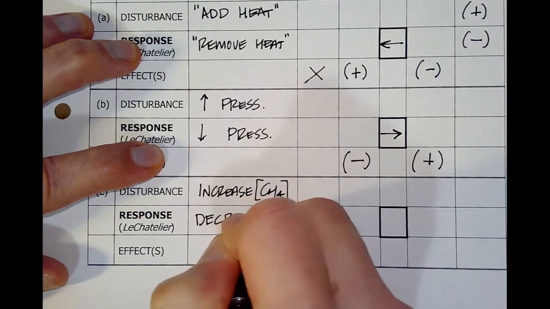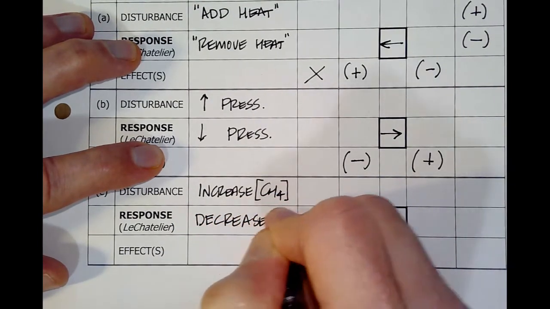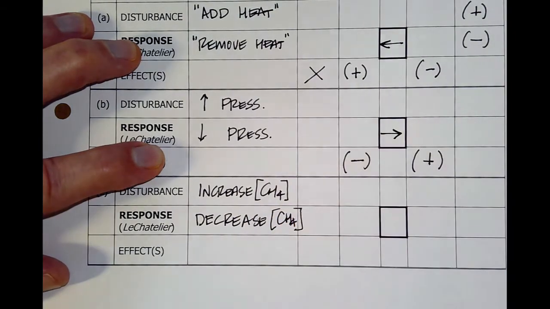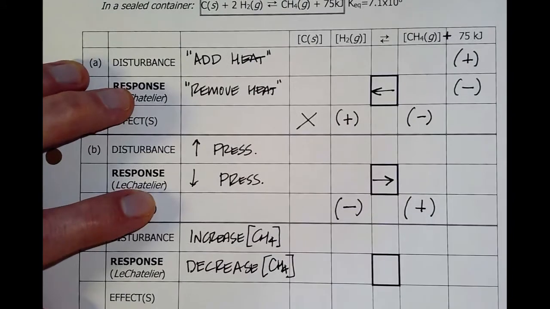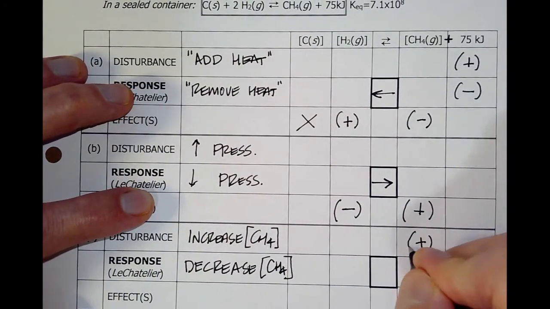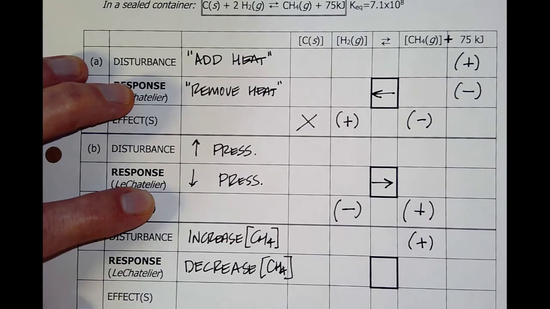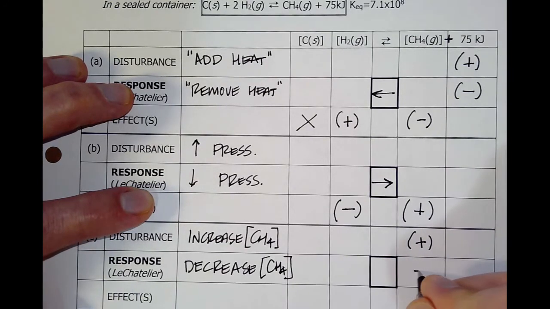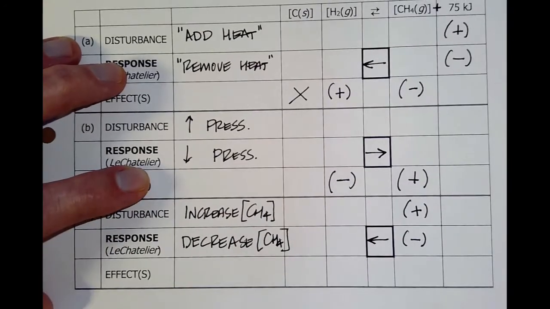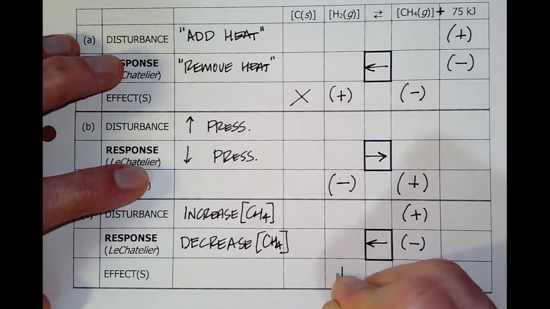Le Chatelier would say, I apologize to anybody who's from France, my bad accent, decrease. So it says you increased the concentration of CH4. Le Chatelier says, I want to decrease it. Does he go forward or back? He goes back. Effect.